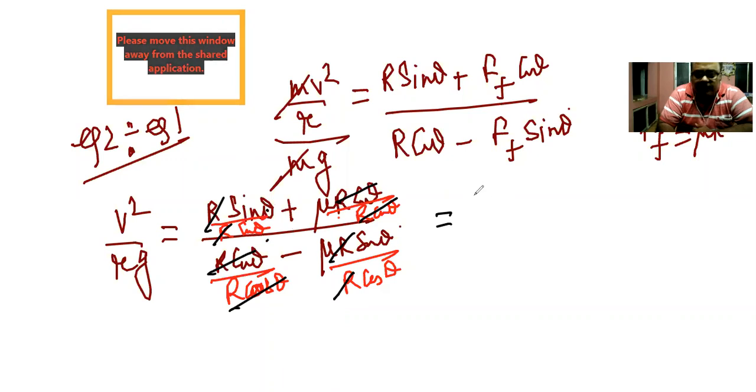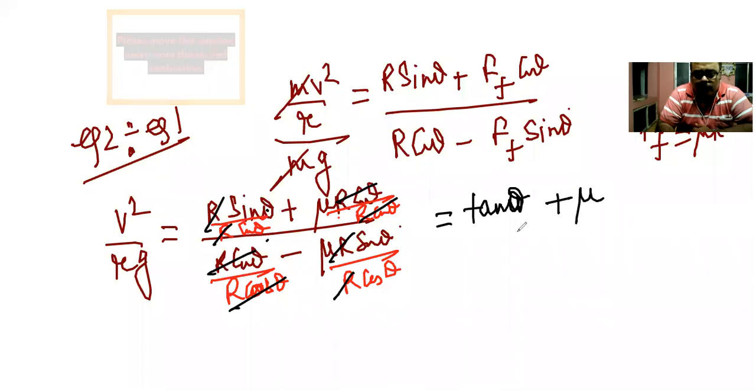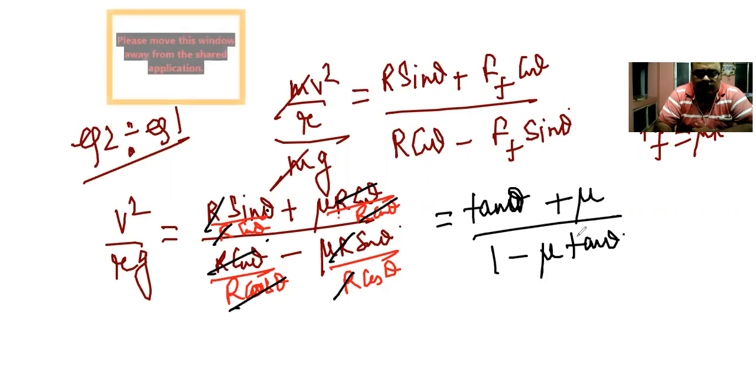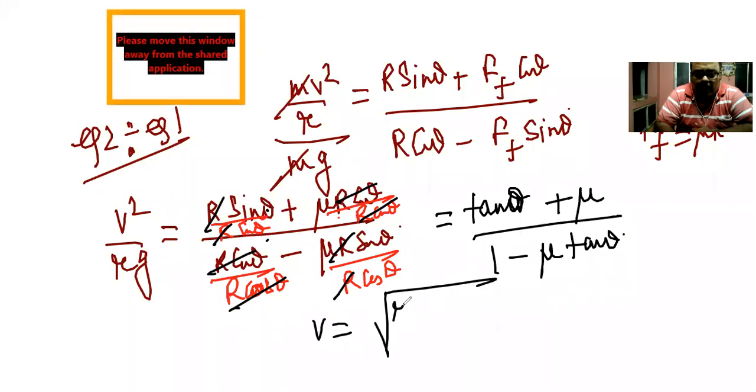Sine theta by cos theta, you are getting as tan theta plus mu divided by 1 minus mu tan theta. So children, what I will get from here? V equals root over of Rg bracket tan theta plus mu divided by 1 minus mu tan theta.